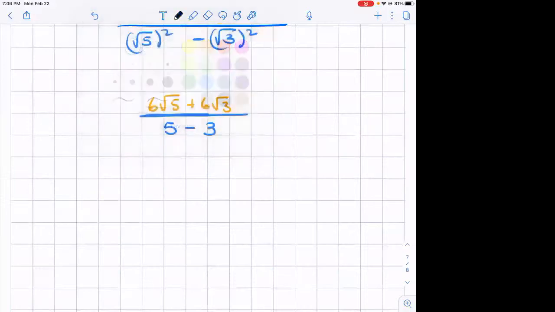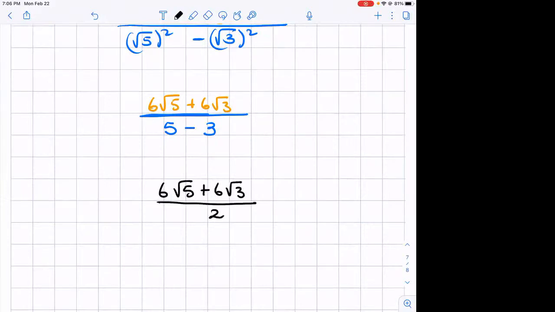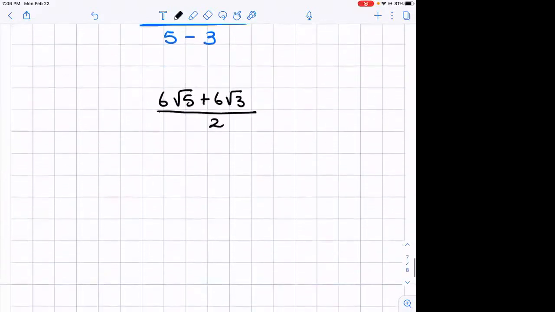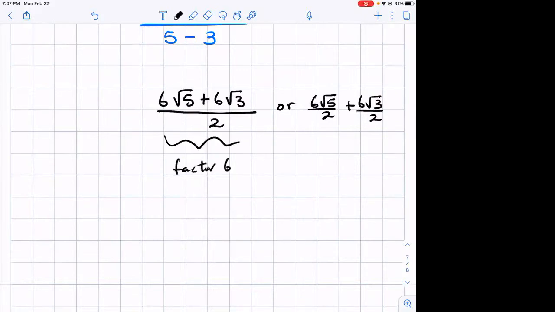So finally, this becomes 6 root 5 plus 6 root 3 over 2. But notice that we have a common factor, right? Or we can think of this as 6 root 5 over 2 plus 6 root 3 over 2. Or if you want, you can say from this, stay here, factor 6. So if we factor 6, that becomes 6 times root 5 plus root 3 over 2.